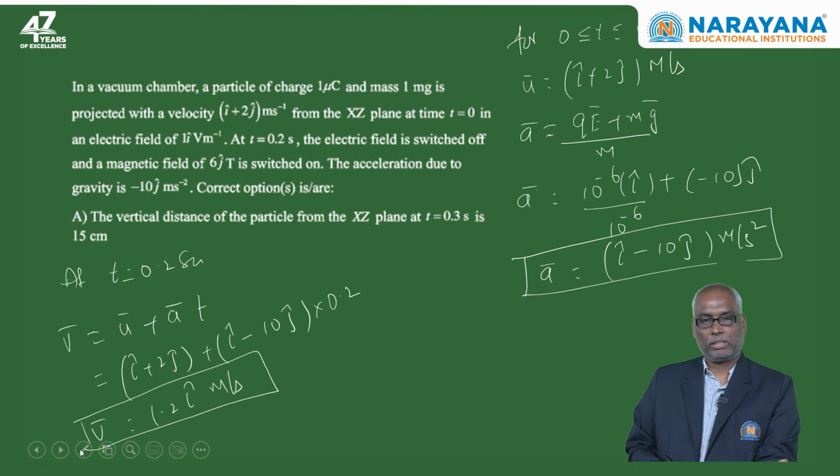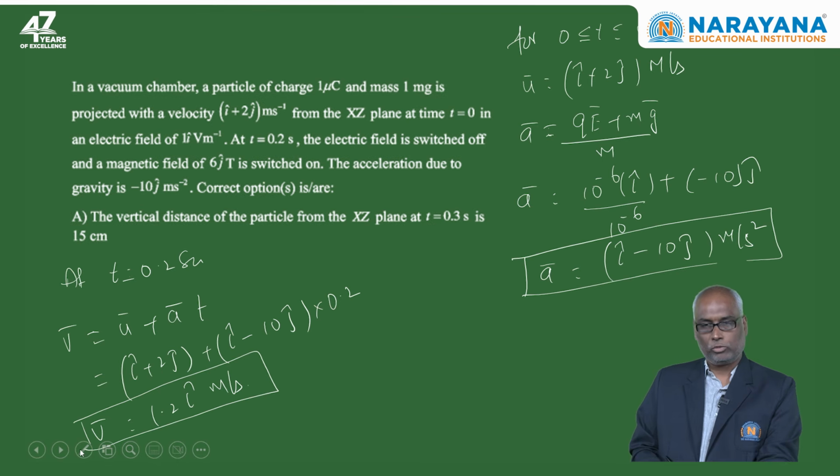After that, there is a magnetic field. The magnetic field is along j cap. So, when magnetic field is along j cap and the velocity is along i cap, it will experience a force due to magnetic field perpendicular to both, in the direction of v bar cross b bar, i cross j, which is nothing but k cap.